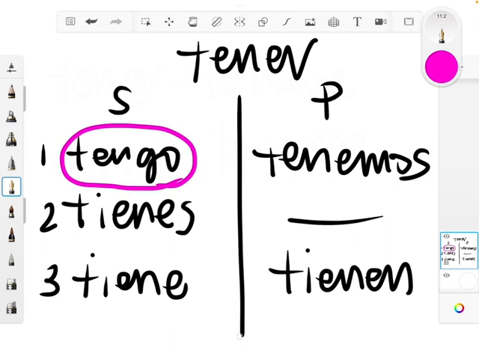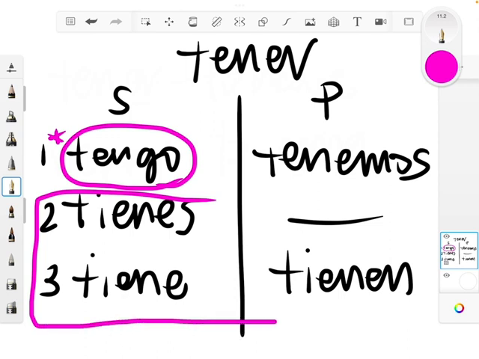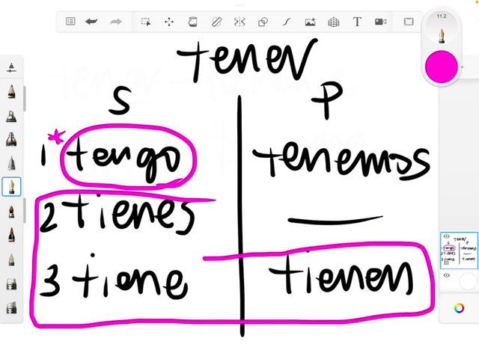Now it's not truly a boot verb because this first person singular doesn't match, but you'll notice that these form kind of like a shoe, because second person singular and then third person singular and third person plural all have that change in the stem.